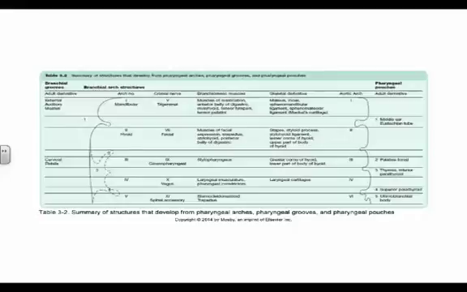So I have this on a handout, but I think we'll go through this quickly. Arch 1 is mandibular. It is the 5th cranial nerve. It is the muscles of mastication.